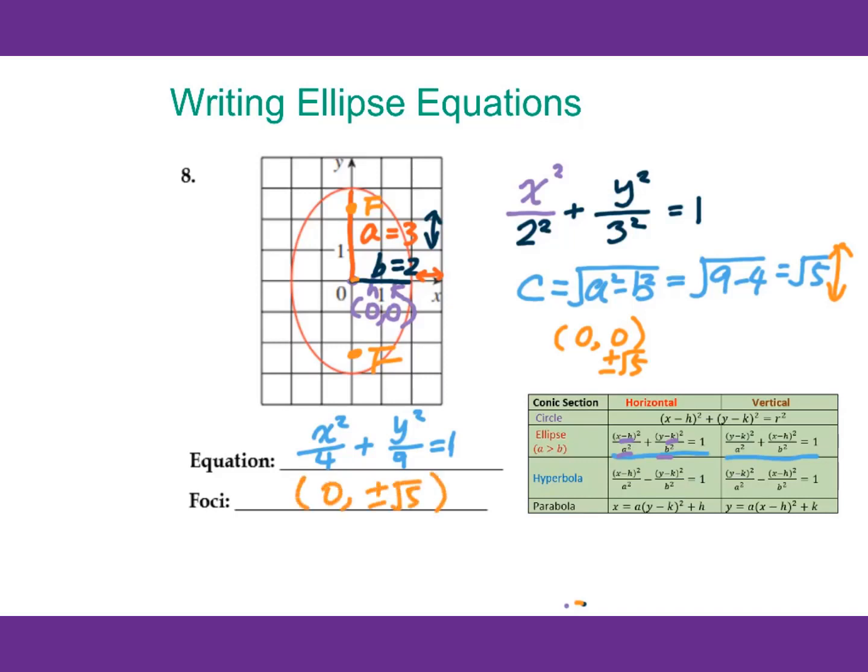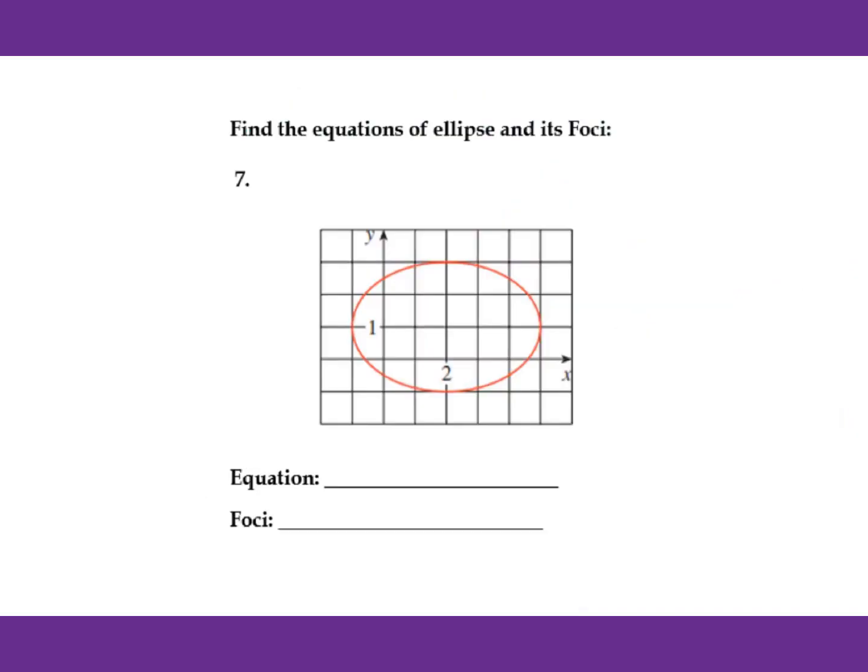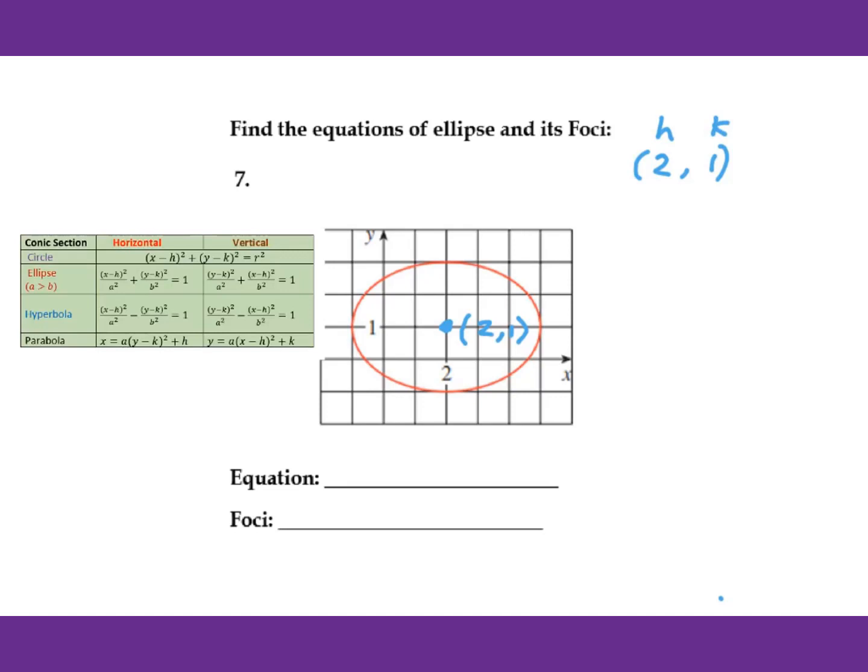That's the foci. Let's go back to number 7. Because for number 7, the center is not (0, 0). You will find the center is over here. That's (2, 1). So (2, 1) is (h, k). For the equation of an ellipse, as long as you get (h, k) and a, b, you can write down the equation.